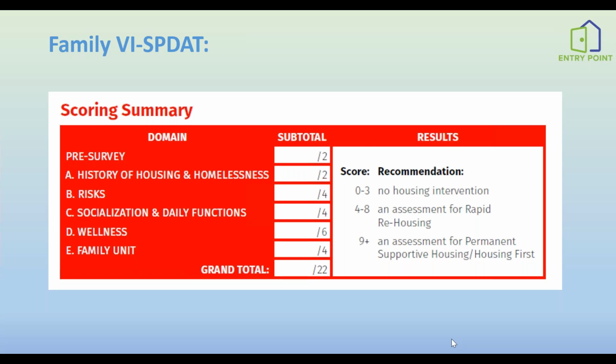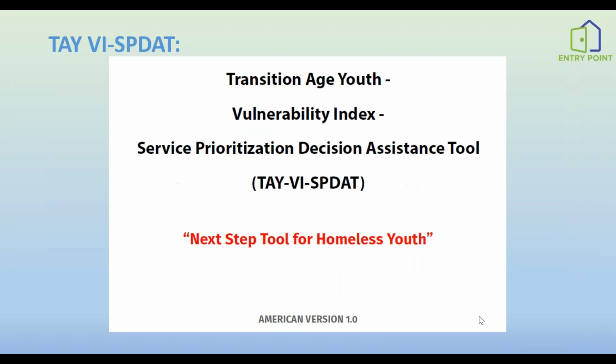But we're going to find the first available housing intervention that meets that family's needs and preferences, regardless of housing type and regardless of score. So that's the family VI SPDAT. Let's look at a few things on the TAY, Transition Age Youth VI SPDAT.